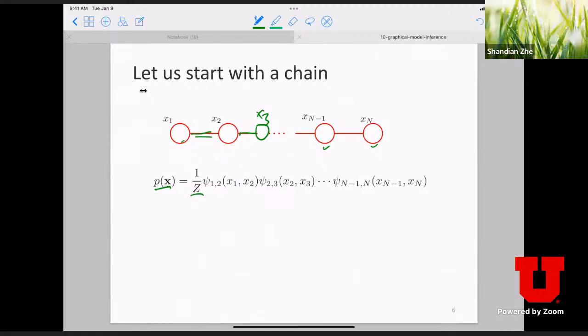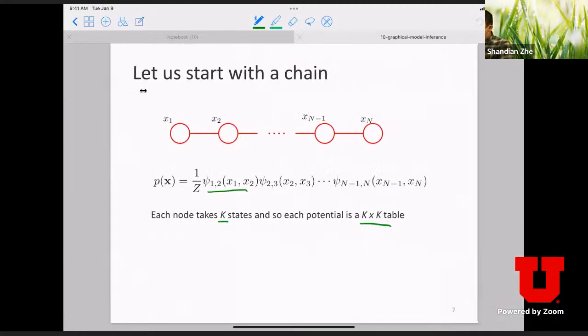The potential function defined on the first pair is denoted by psi_12(x1, x2), and the potential function defined on the pair x2, x3 is denoted by psi_23(x2, x3). You continue until you have the potential function defined on the last pair, psi_{N-1,N}. Here Z is the normalizer.